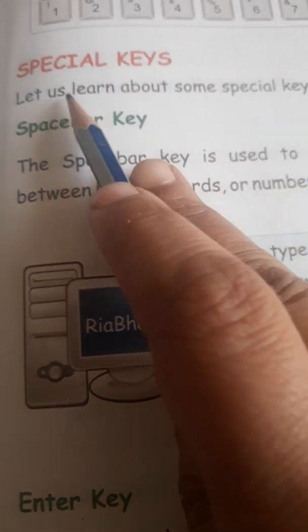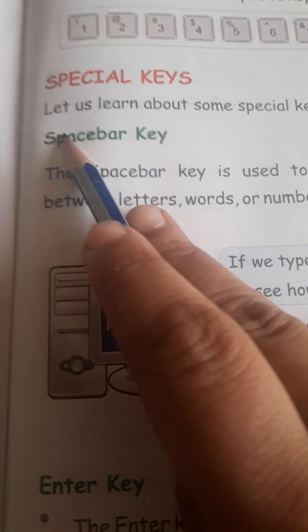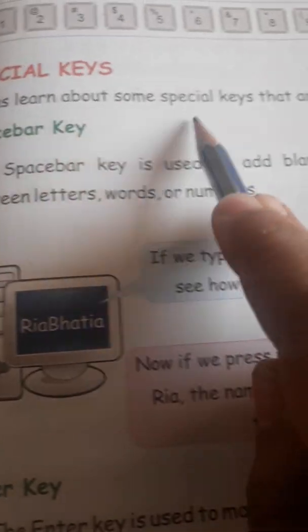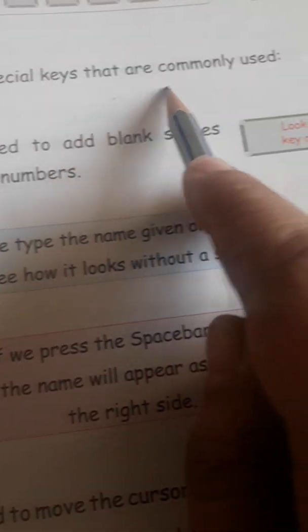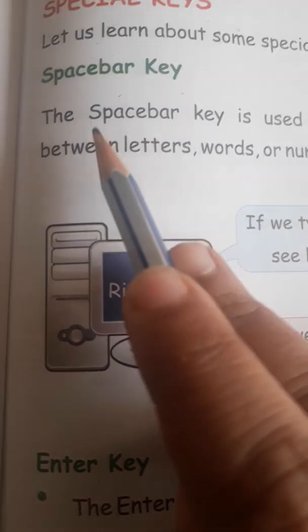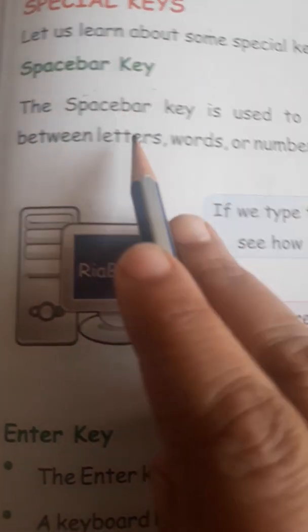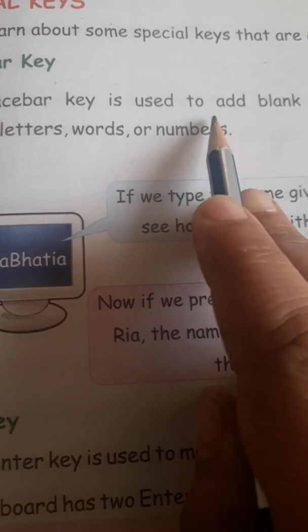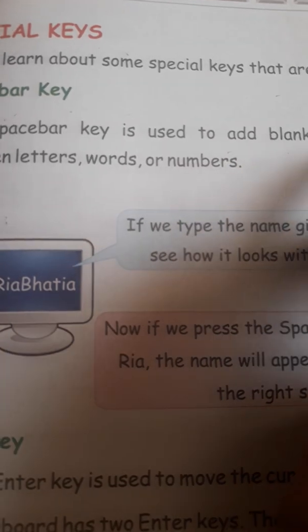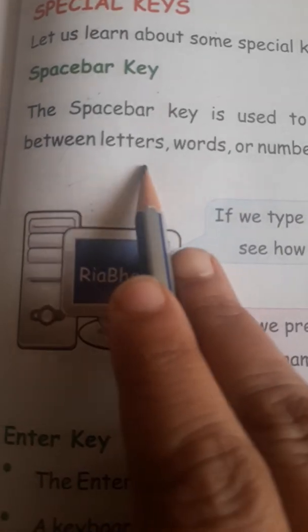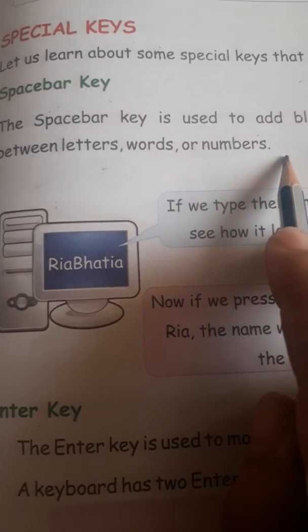Okay, now let's move on to special keys. Special keys. Let us learn about some special keys that are commonly used. Space bar key. Now, why do we use space bar key? This is the special key, space bar key. Space bar key is used to add blank spaces between letters, words, or numbers.